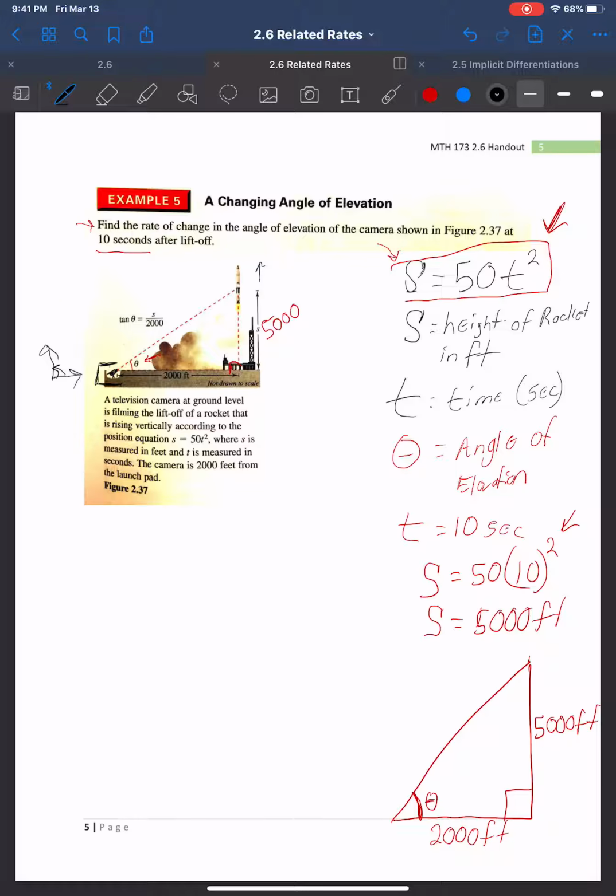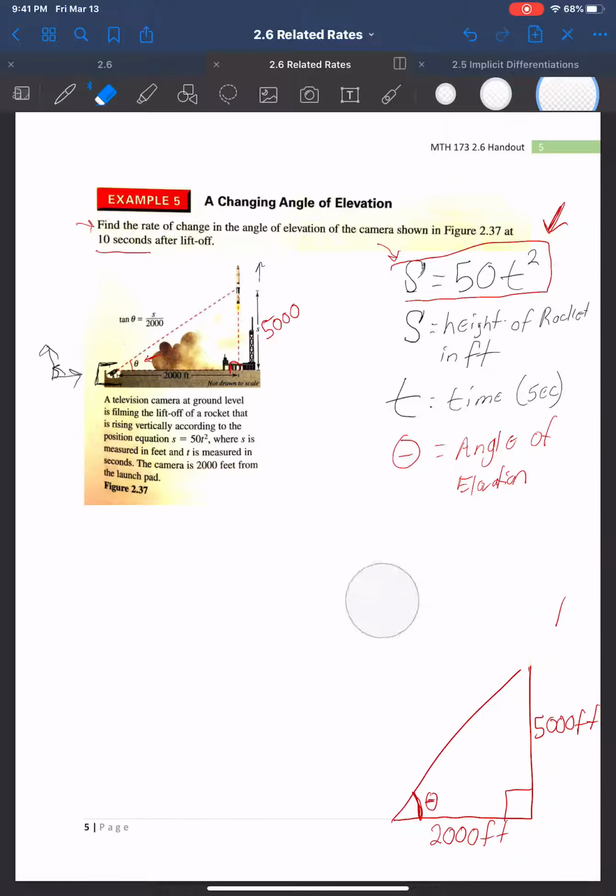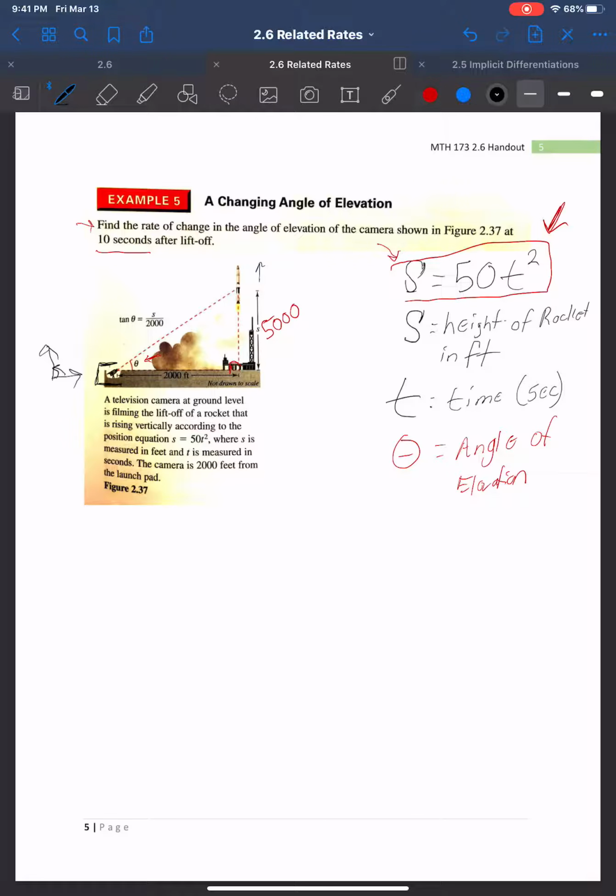Well, whatever it is, we're going to need to have theta in this equation, right? Because we want theta. So at this stage, I'm going to clean up my mess down here, and let's see if you can agree with the following. Based on the triangle, I have two sides.